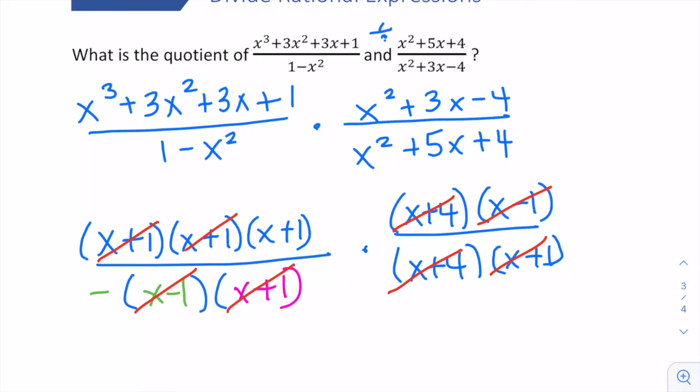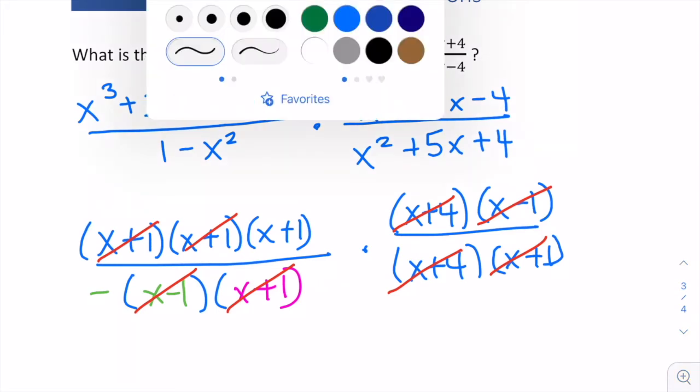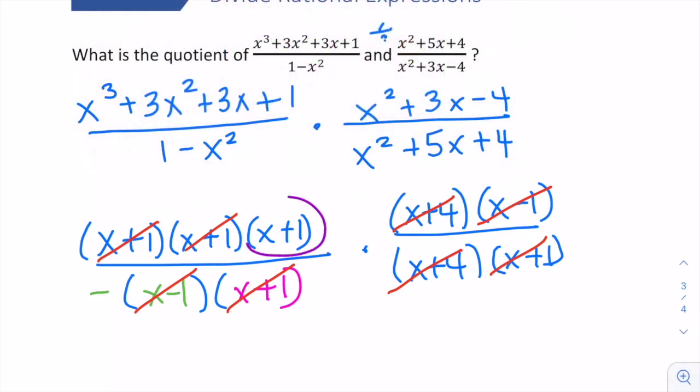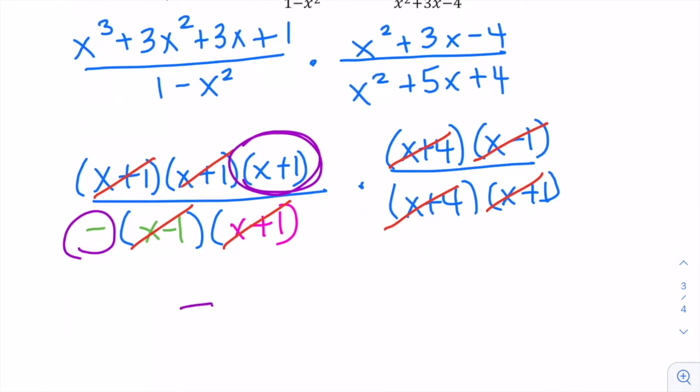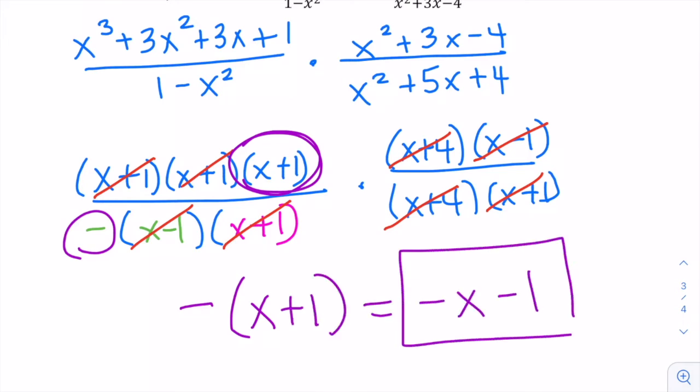So looking at this, we only have an x minus 1 on the top. Trying to find a color I didn't use. So x plus 1 right here, that's the only one that's not canceled, and the negative, so don't forget. So it's really x plus 1 over negative 1, or you could say negative x plus 1, which is also negative x minus 1, because everything else canceled out.